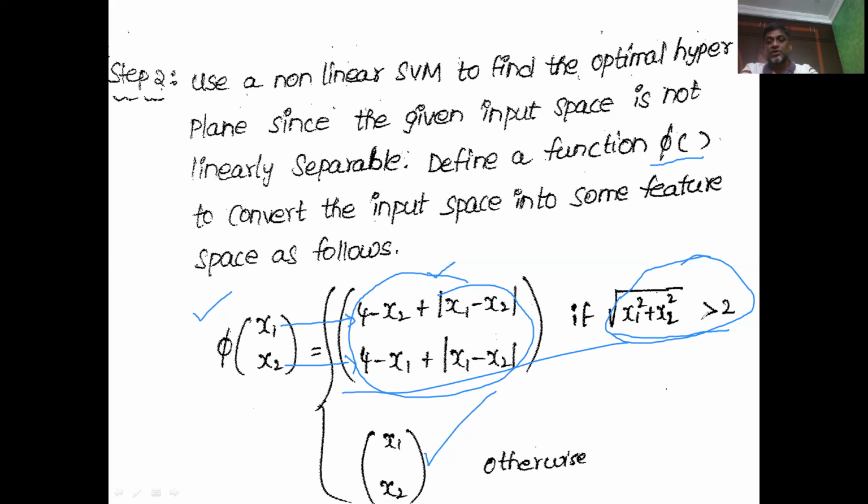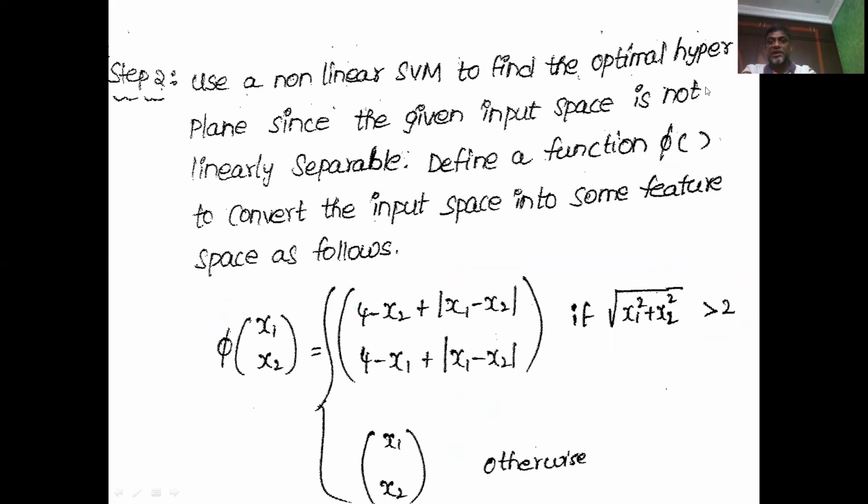So every value that becomes greater than 2 with this formula will be moved away, and the remaining points will remain at the original positions. Okay, so I'm just trying to move some points away from the original position so that there is a possibility of drawing a straight line between the given input classes. Okay, so this needs to be done very carefully. This is not fixed. You can choose any function that will perform that nonlinear mapping of the input space to feature space. Okay, so that is up to you, right?